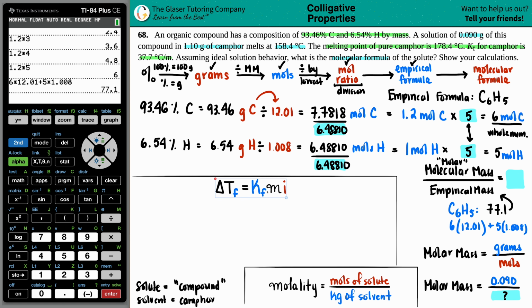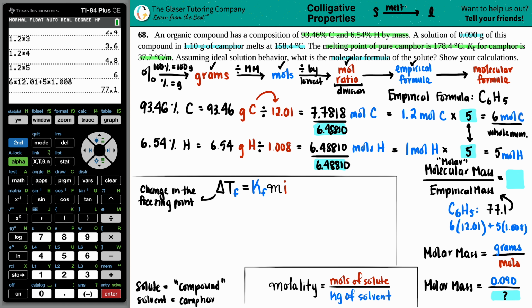Now, delta TF is the change in the freezing point. Okay, well, let's see. All they're talking about is melting. But wait a minute, if this formula is set for freezing, but they're giving me melting, how is that going to work? Well, keep in mind that melting is from a solid to a liquid, and that happens at a certain temperature.